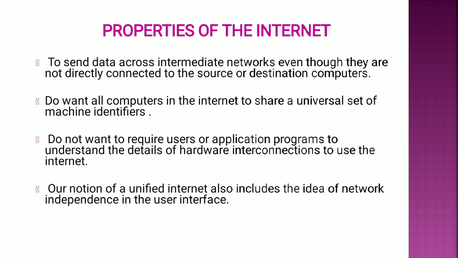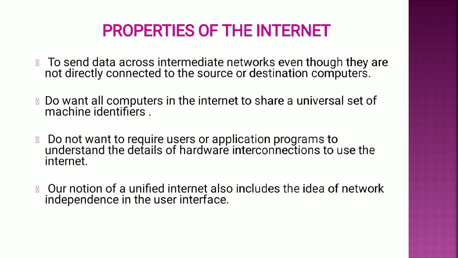The next one is properties of the internet. What are the properties we have to follow in the design of the internet? We do not want to require users to understand the hardware details. We do not want to mandate which hardware to use.